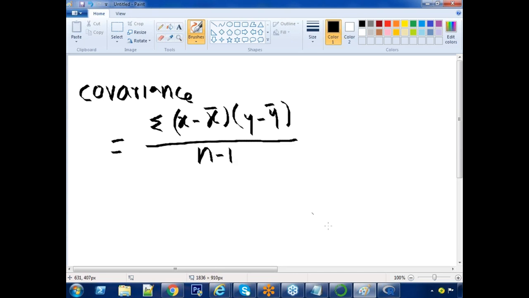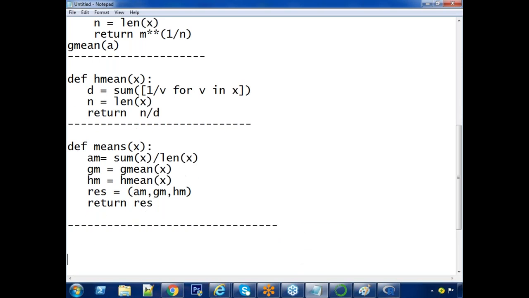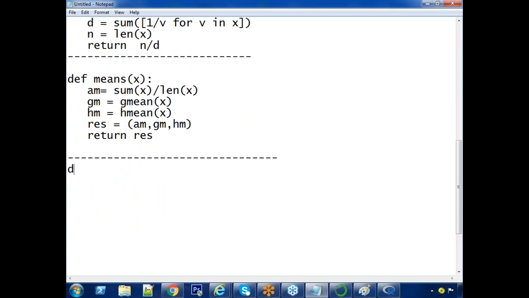So for this, let's write a function. Define covariance, COV. Two things we are going to pass, variable 1 and variable 2. First, deviation of x you want, sir. Can I say like this?